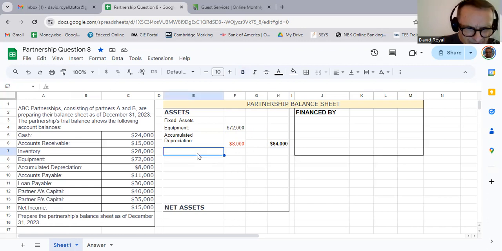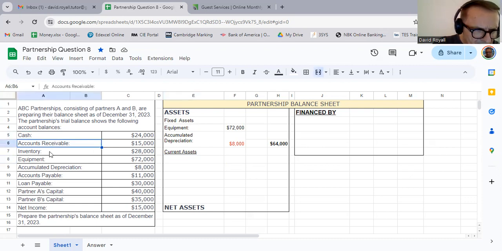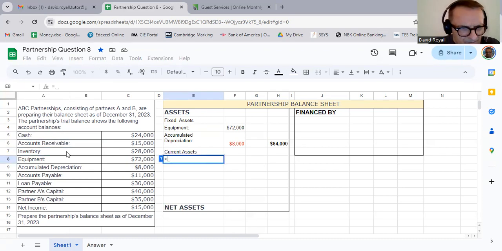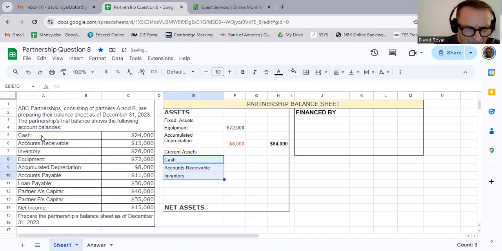Okay, next section, we want the current assets. Now, again, looking across, get a grip of this. We've got the cash, accounts receivable, and the inventory. We've got the cash, and we've got those other two.